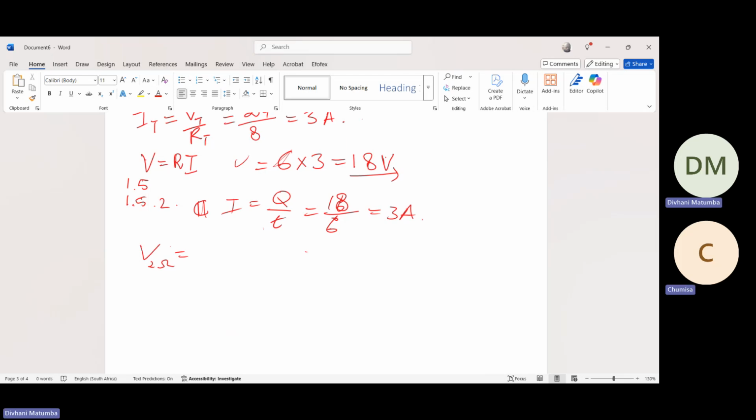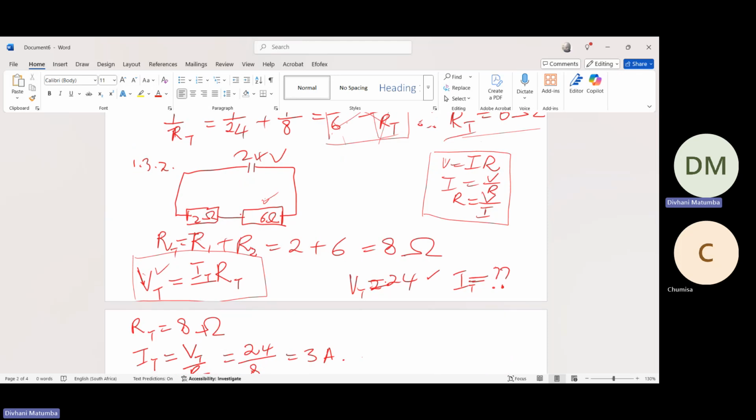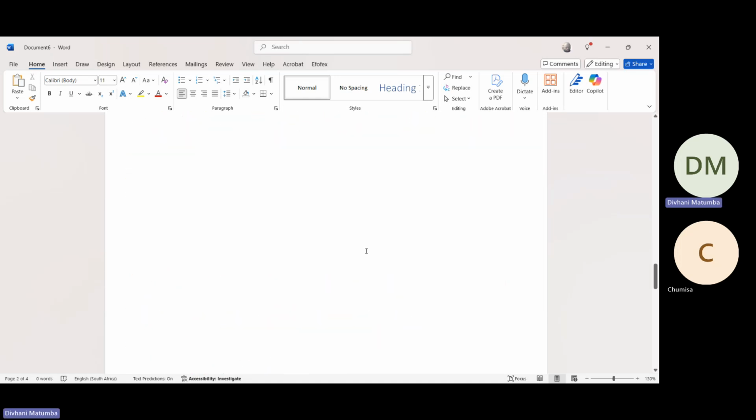But remember that 18 was for the parallel combination. If you measure with your voltmeter there, you will get 18 volts. So what are you going to get here? 24 minus 18, which will be 6 volts.